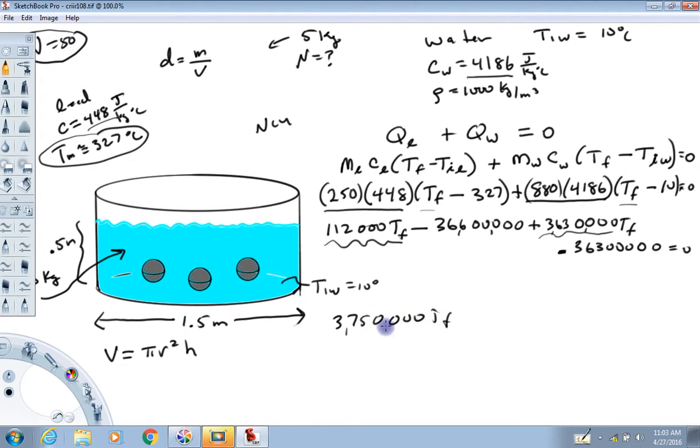It should be 3,750,000, adding squiggly to squiggly. This is 100,000, that's going to become a 7. Whoops, 4, that's going to be a 4. Yeah, 3,742,000 times T final equals.